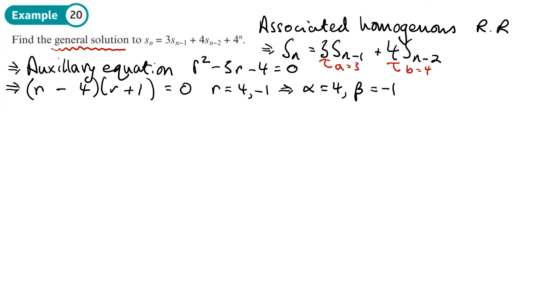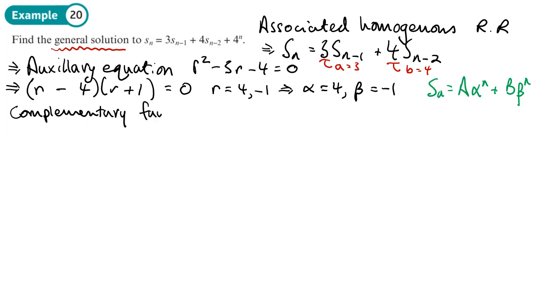Since I have two real roots, the general solution is going to be of the form A alpha to the power n plus B beta to the power n. So let's just substitute those values in, and this will give me my general solution to the auxiliary equation, which is the complementary function.